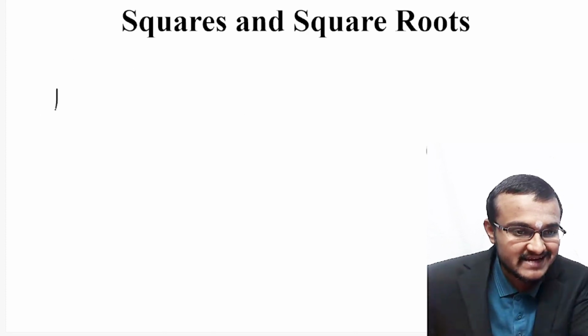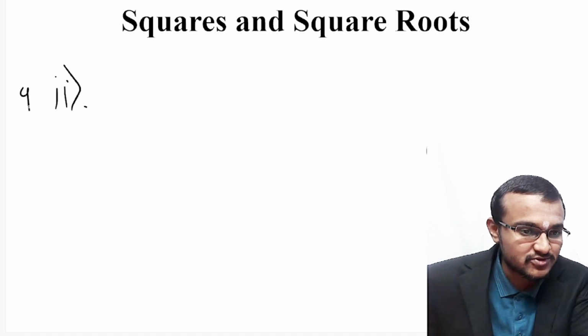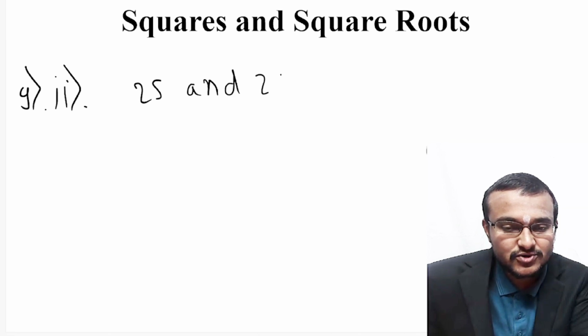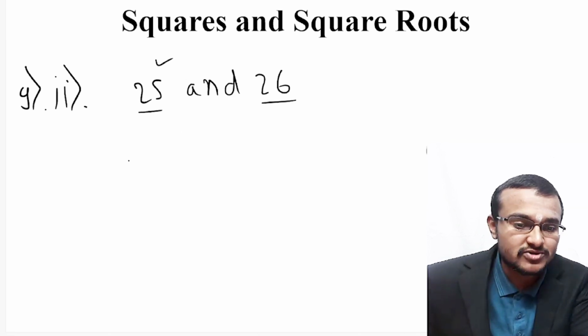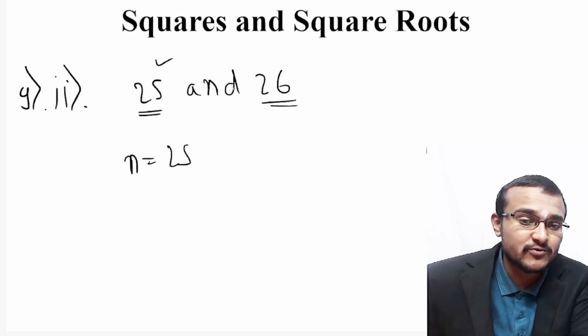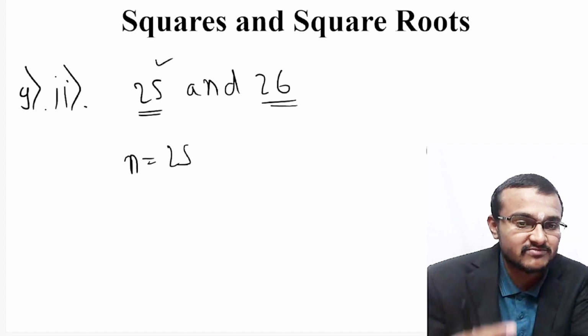Similarly, coming to the second question in this ninth question, they have given 25 and 26. Among these consecutive natural numbers, 25 is lesser, so that will be equal to n. You should take only consecutive natural numbers. You cannot take 25 and 27, only 25 and 26. This formula will be applied only for consecutive natural numbers.